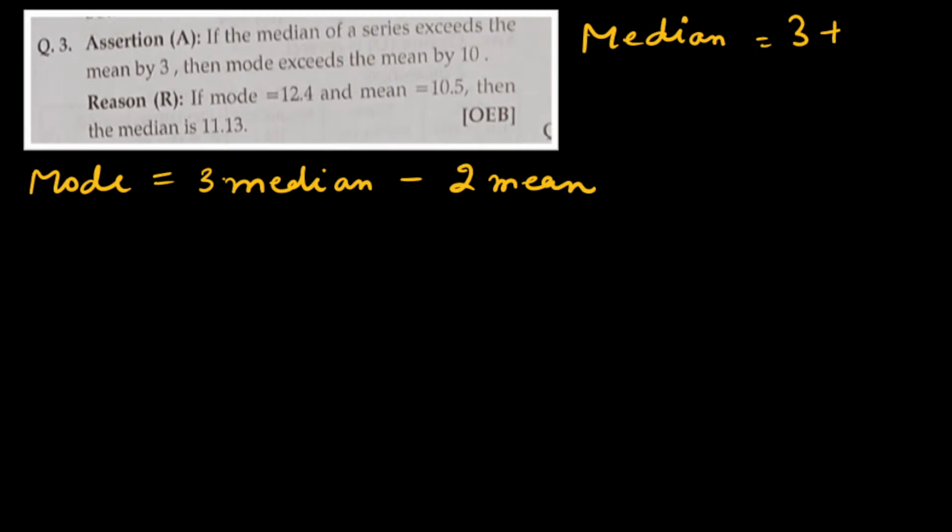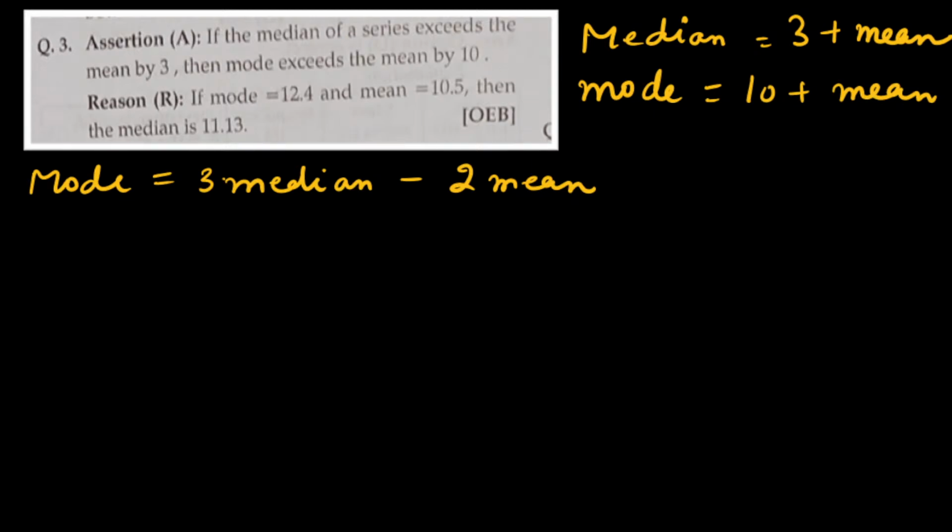So median is 3 plus mean. And mode exceeds by 10. In terms of mean, mode is 10 plus mean and median is 3 plus mean. Exceed means plus.